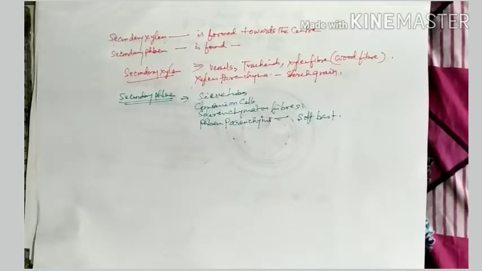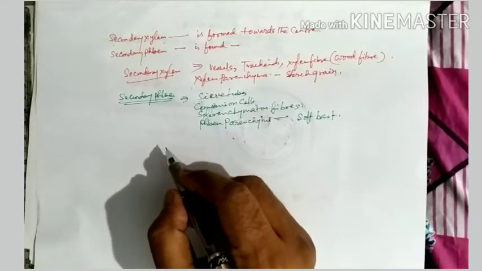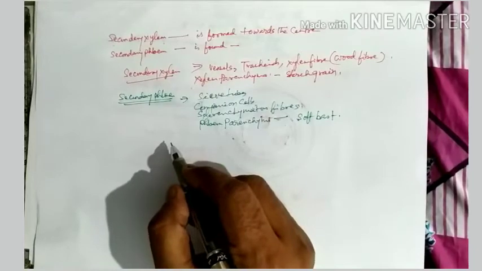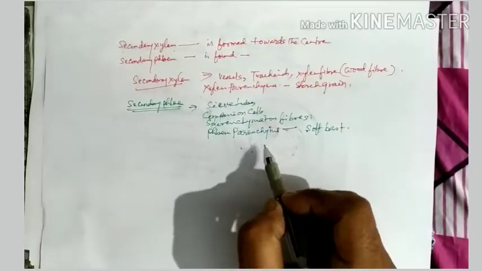The hard bast is the sclerenchymatous fibers, and the soft bast is the phloem parenchyma.